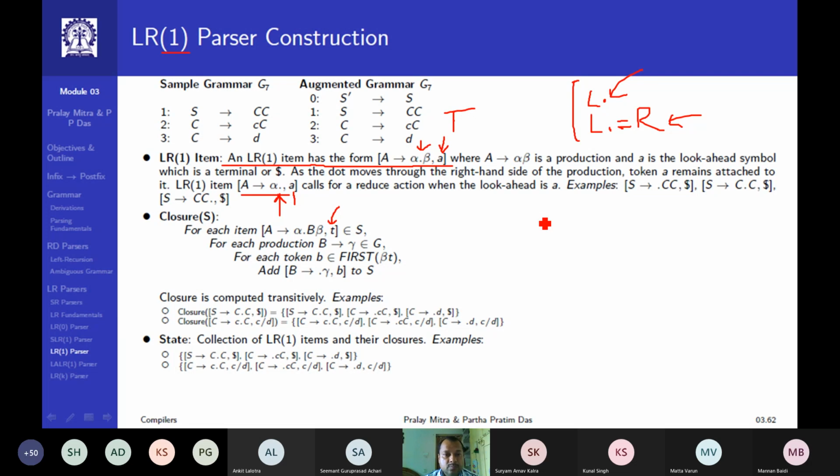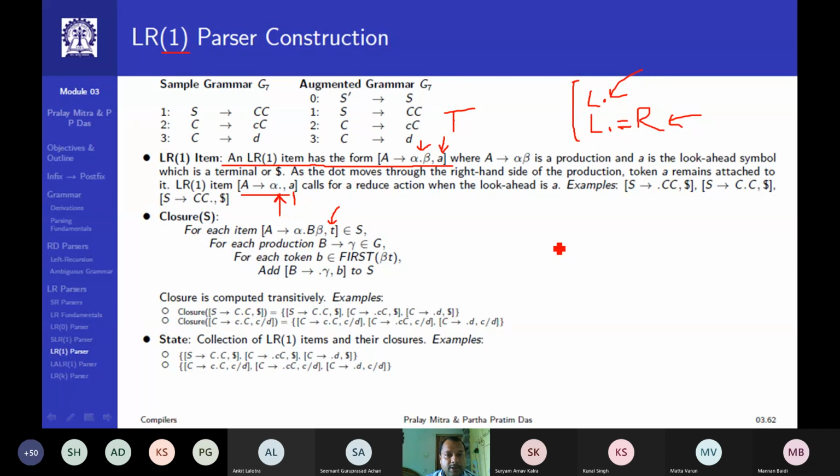Alpha and beta both are unions of terminals and non-terminals as per our convention. And if that item belongs to one state, then I have to look for all production rules B derives gamma belonging to G, that is the complete grammar.